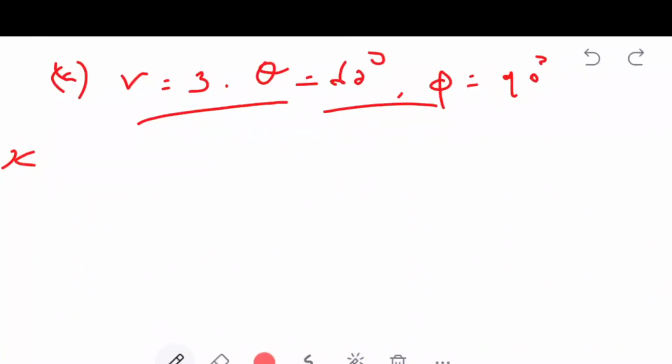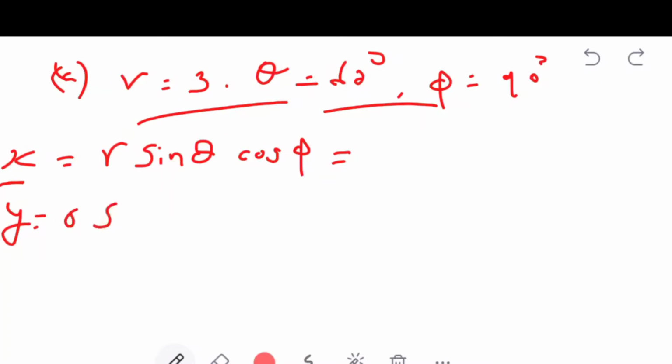X equal to r sin theta cos phi. This conversion formula we have to remember carefully. Another formula is y equal to r sin theta sin phi.